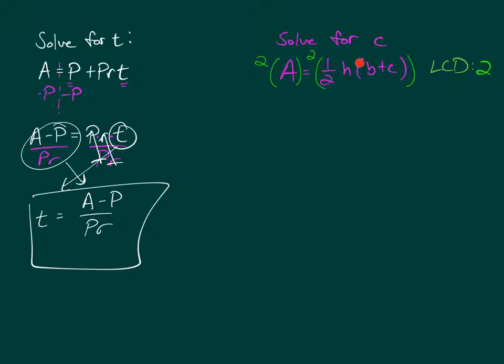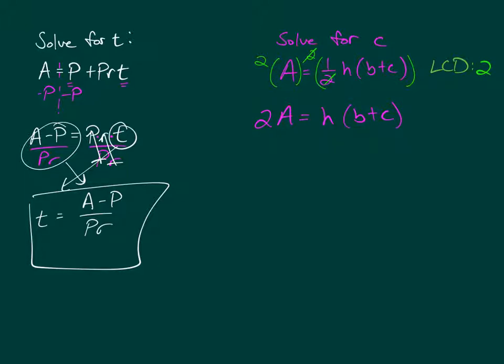So inside this set of parentheses, there are 2 terms, but since there's no other plus or minus sign outside of parentheses, this is all one term. And that's how you can eliminate the 2 here. So this leaves you with 2a equals h times b plus c.